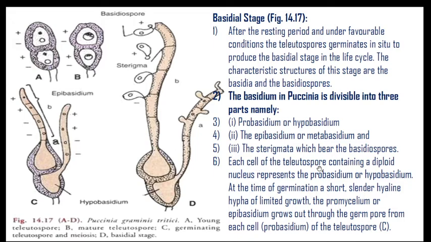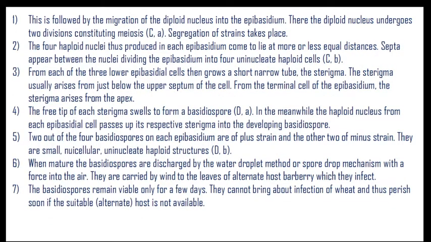Each cell of the Teleuto spore containing a diploid nucleus represents the probasidium or hypobasidium. At the time of germination, a short cylindrical hyaline hypha of limited growth, the promycelium or epibasidium, grows out through the germ pore of each cell, that is the probasidium of the Teleuto spores. So in this way Teleuto spores are germinated into a basidial stage.